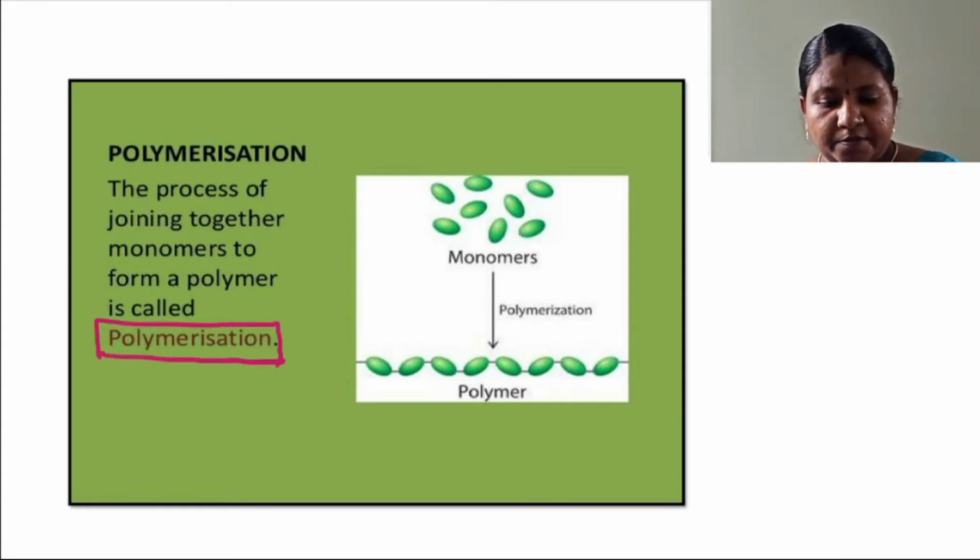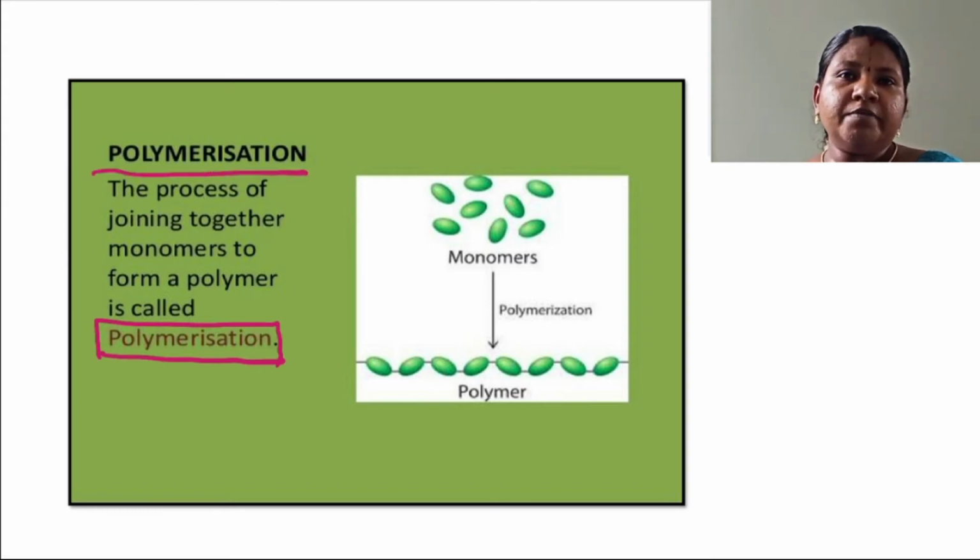What do you mean by polymerization? Polymerization is the process of joining together monomers to form a continuous chain, namely a polymer. This process is called polymerization, making polymers. Right.